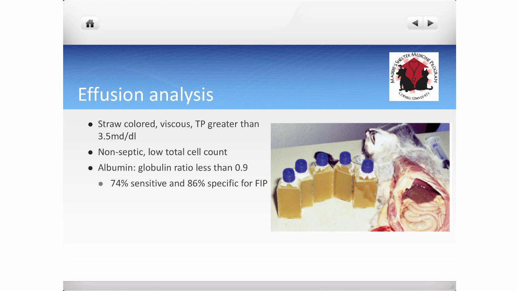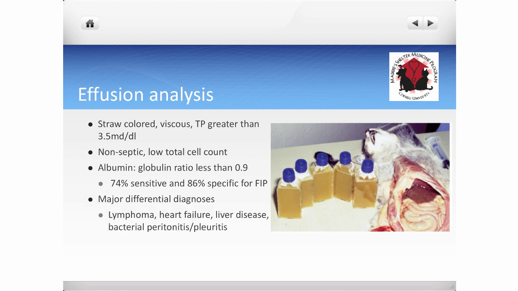Looking at albumin globulin on the effusion can be very close to getting diagnosis. So you can take your albumin globulin ratio, and less than 0.9 is fairly sensitive and specific for FIP. That's on the effusion, not on blood. A lot of times that ratio gets applied to blood and it can help you, but it's not as diagnostic as if you do this on the effusion and you get that ratio.